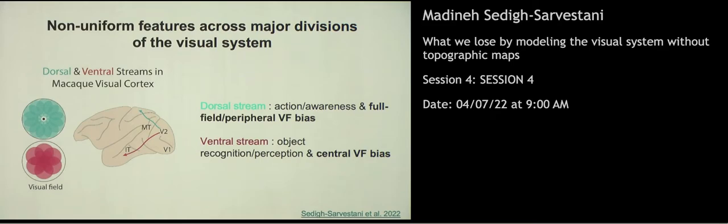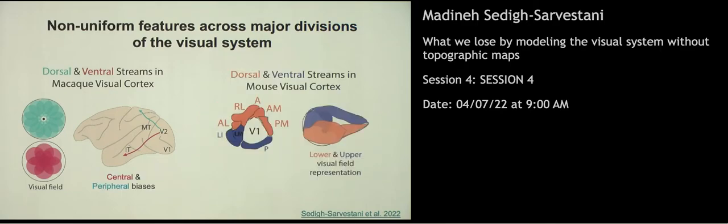So the dorsal stream receives input from nearly all portions of the visual field and uses this input for things like posture control, moving around, grasping, and reaching. The ventral stream receives biased visual input from mostly the foveal central regions. So single receptive fields in ventral areas like IT can be quite large, but overall there's a bias for the central visual field.